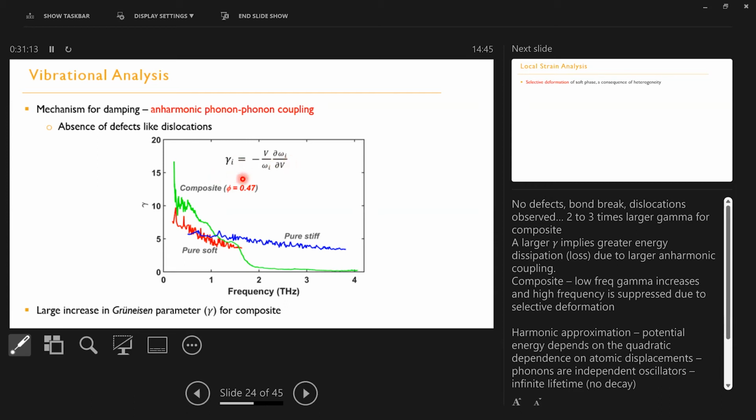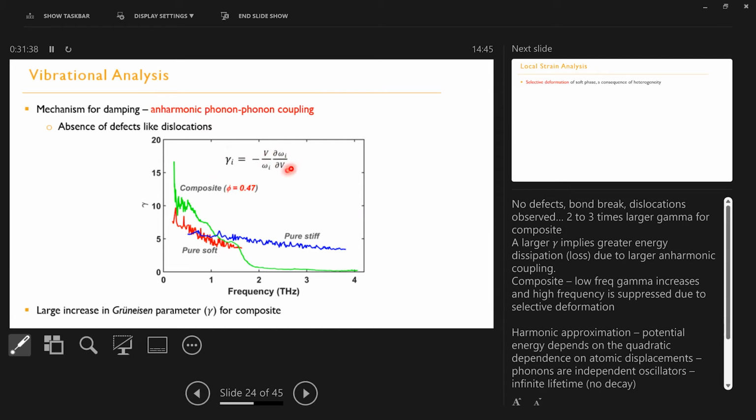What the Grüneisen parameter measures is that whenever you have a small elastic deformation, because of which you're changing the volume, delta V, these phonon modes are going to change. They will either become higher or lower. The rate of change of phonon modes with respect to volume will give us the anharmonicity of these phonons.